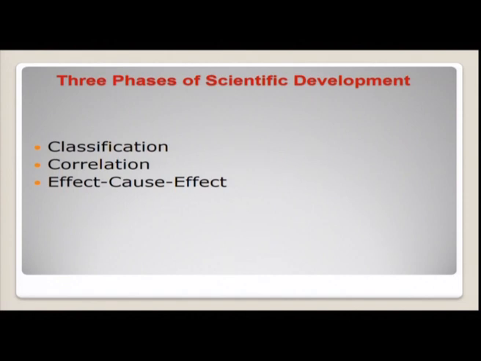As far as scientific development is concerned, it is broadly classified into three phases. The first phase is called classification, the second phase is called correlation, the third phase is called effect, cause, effect. So let us see what classification does.